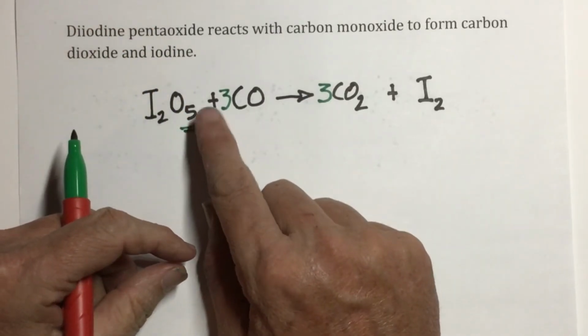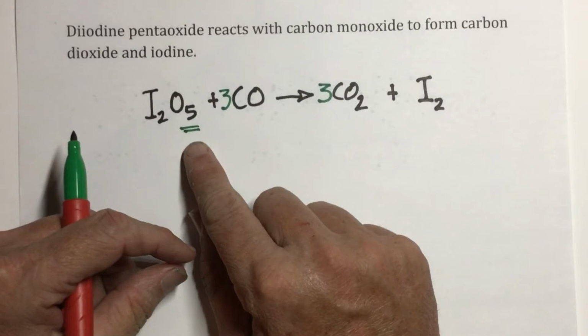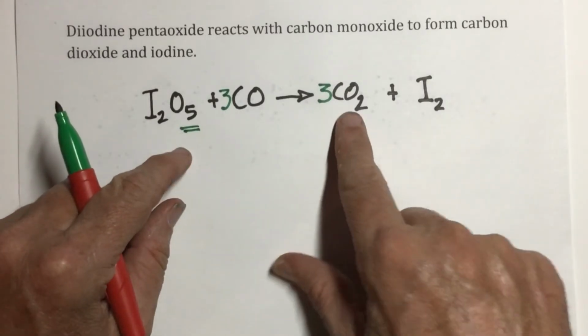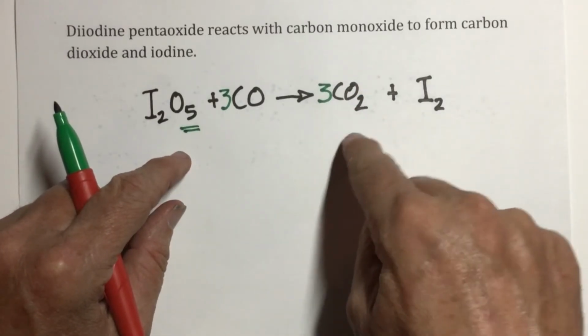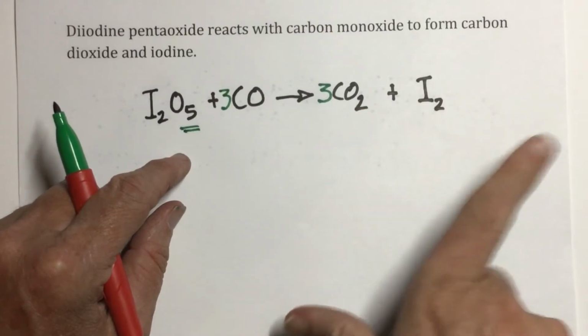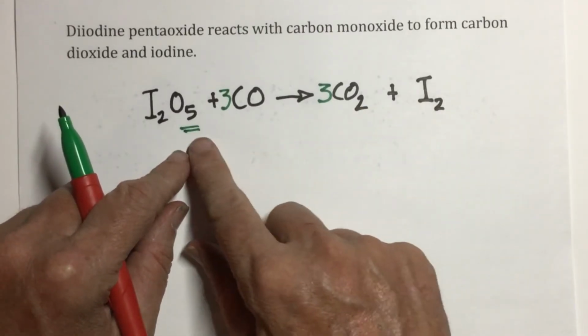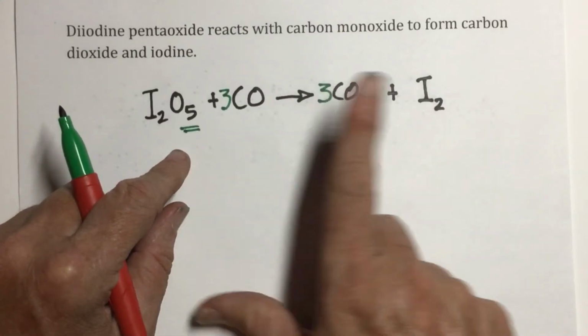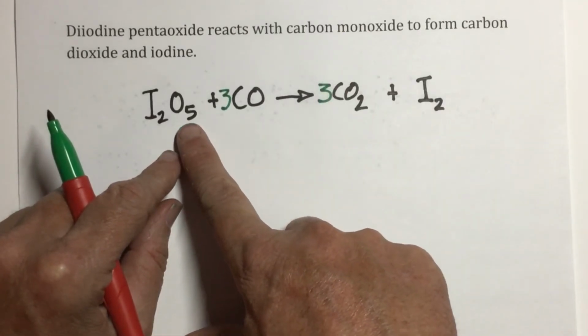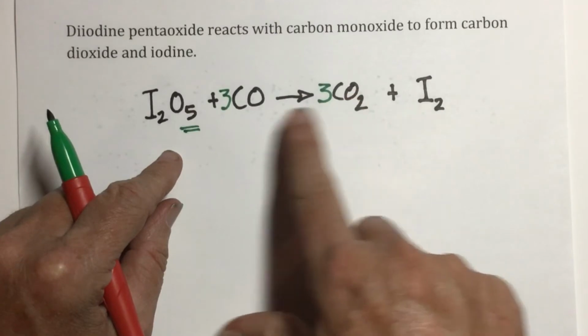This is an odd number and it's a 5. So because oxygen only appears one place on the product side, the only way I'm going to be able to match this off is if my oxygens are a multiple of 5.